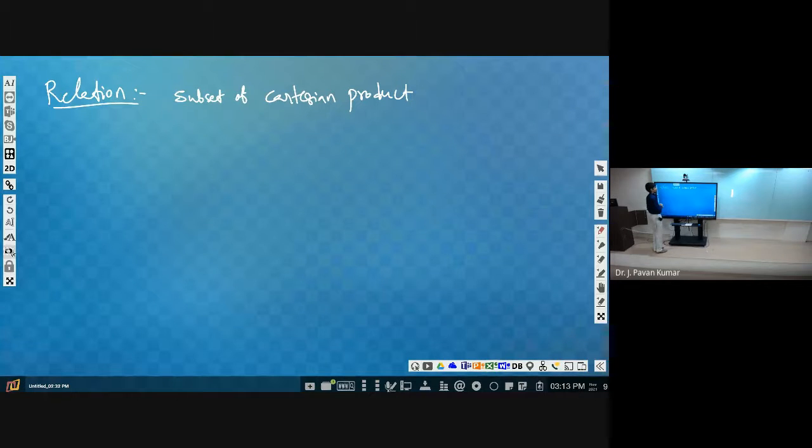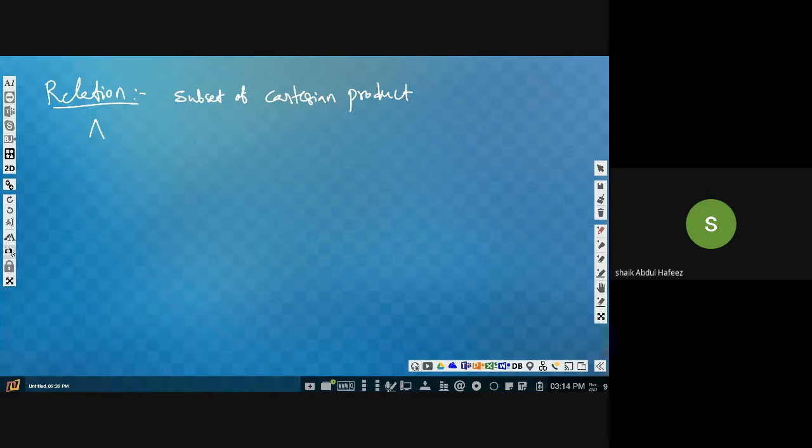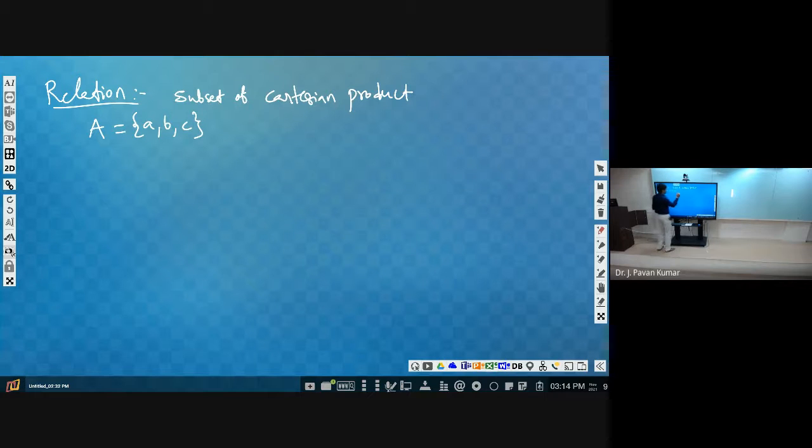What is meant by Cartesian product? Yes, am I audible? Yes, sir. That means suppose you consider A, B, C as set A, then the Cartesian product, that is A cross A, we will have the tuples like A comma A. That is, A will be related to A. In the Cartesian product A cross A, every element is related with every other element, all the elements.